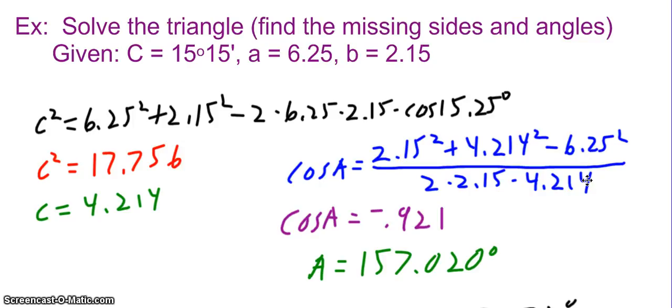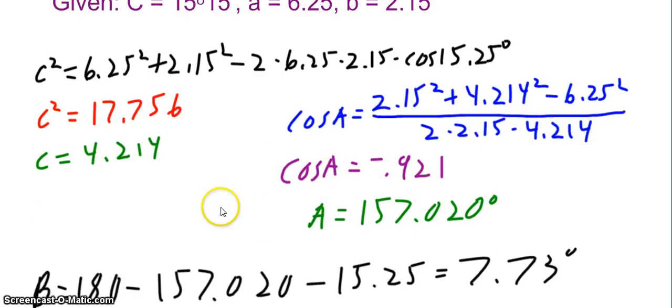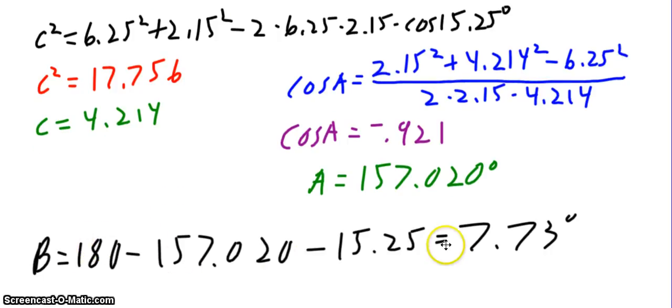If you do that, it'll be good. If you don't, again, what did I say? Life lesson, don't mess up. Alright, so I get angle A is 157.020 degrees. Now I know side C, angle A, angle C, so I can find angle B, which is the remaining missing angle, by subtracting from 180, and I get 7.73 degrees.